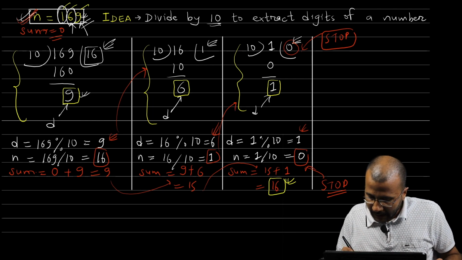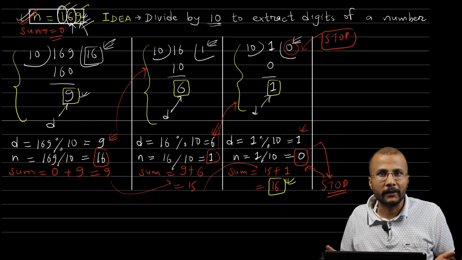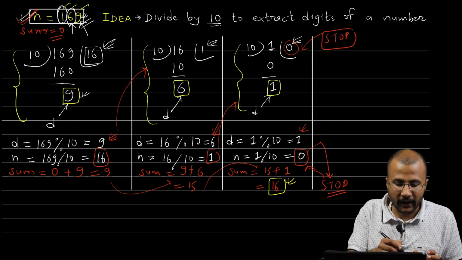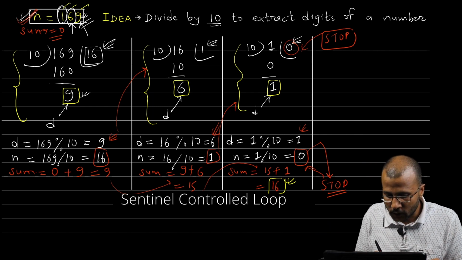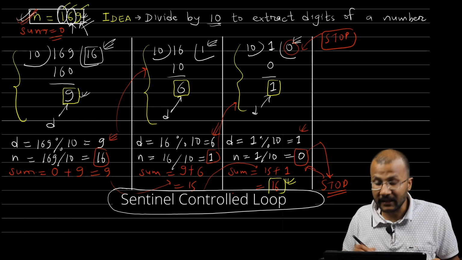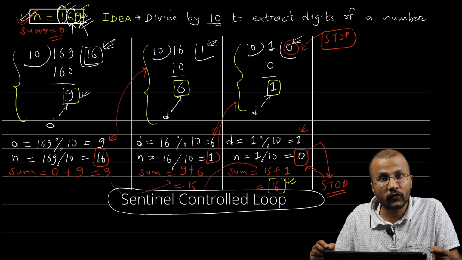Now the value of n is 0, so I have to stop my loop. Okay, so this kind of loop, which is not controlled by a counter value but by some other value, is called a sentinel-controlled loop. In this case my sentinel value is n becoming 0. Okay, so a while loop is generally used for writing the sentinel-controlled loop.